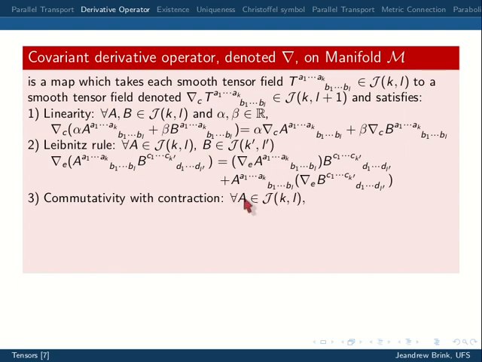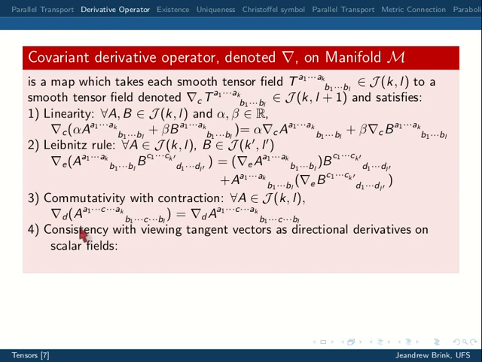So for any A in a (K, L) tensor, the derivative operator applied to A with a contraction over two repeated indexes is simply the derivative operator applied first, and then you contract afterwards. The order does not make a difference. Here in the example with the brackets, you've contracted first and gotten a (K-1, L-1) tensor, and over here you apply the derivative directly and then contract afterwards. The result is exactly the same.